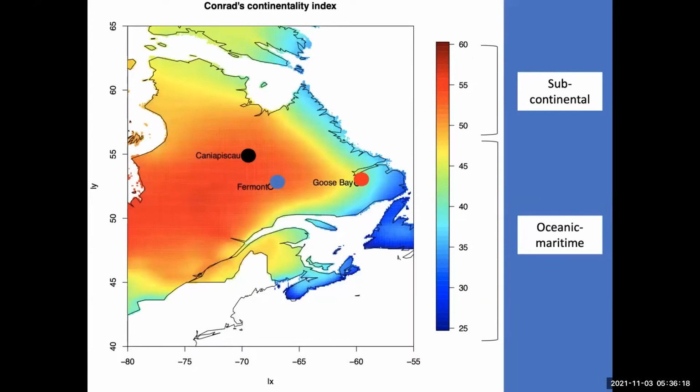So here I present our sampling protocol. We've sampled three different sites all along a gradient of continentality. We have a very continental site, which is Kaniapiskau, right in the middle. It couldn't be more continental.